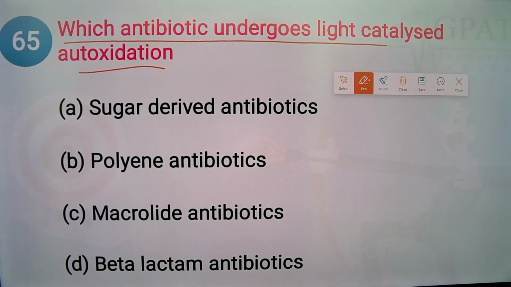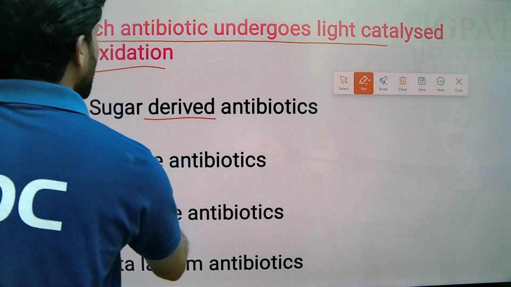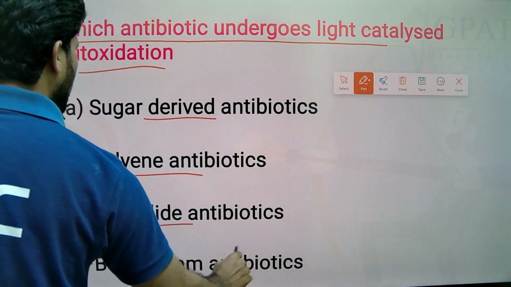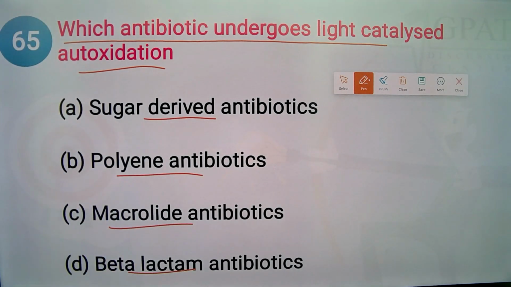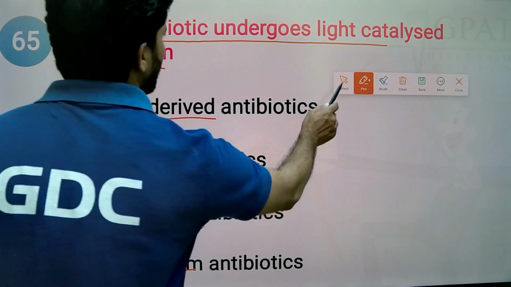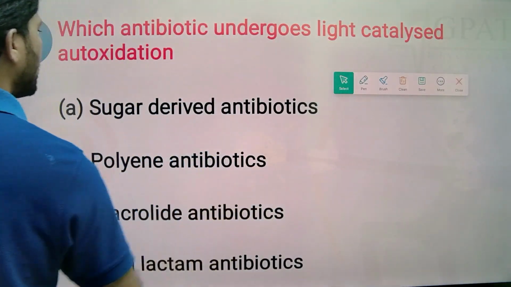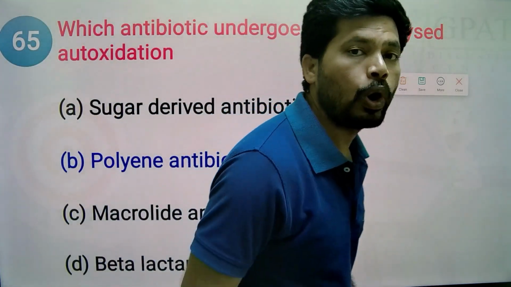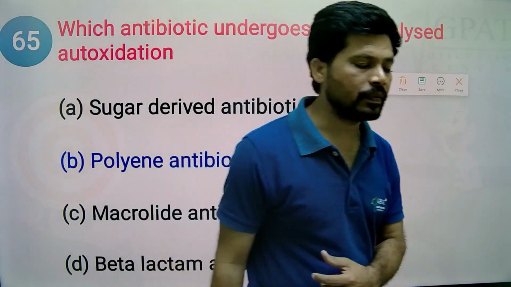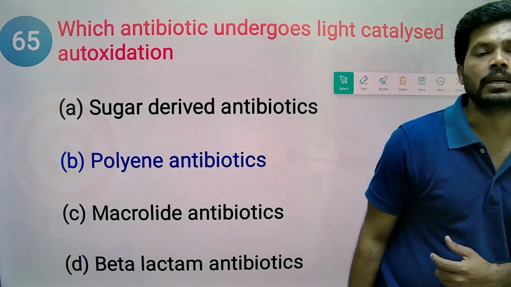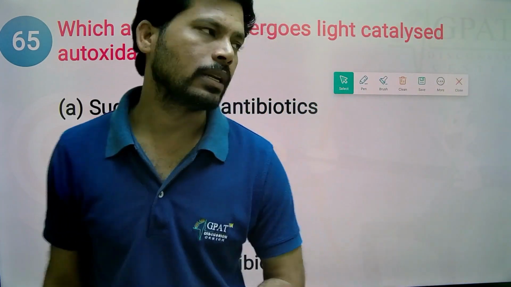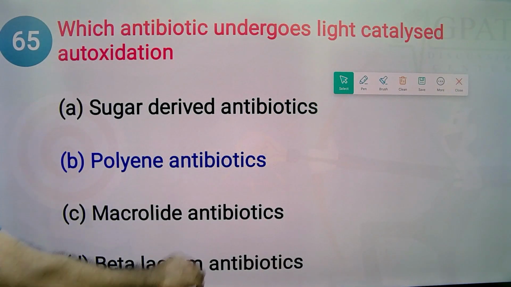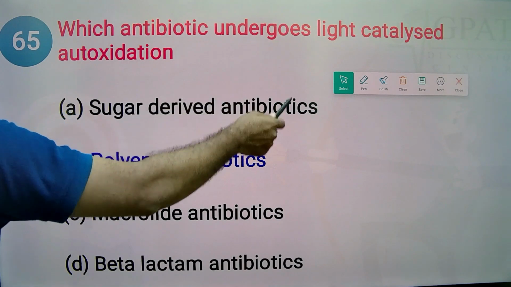The options are sugar derived antibiotics, polyene antibiotics, macrolide antibiotics, beta lactam antibiotics. All these are different categories of antibiotics. Simply, the answer is polyene antibiotics. The polyene antibiotics are antifungal in nature, like amphotericin B, nystatin, natamycin. So polyene antibiotics undergo light catalyzed auto-oxidation.